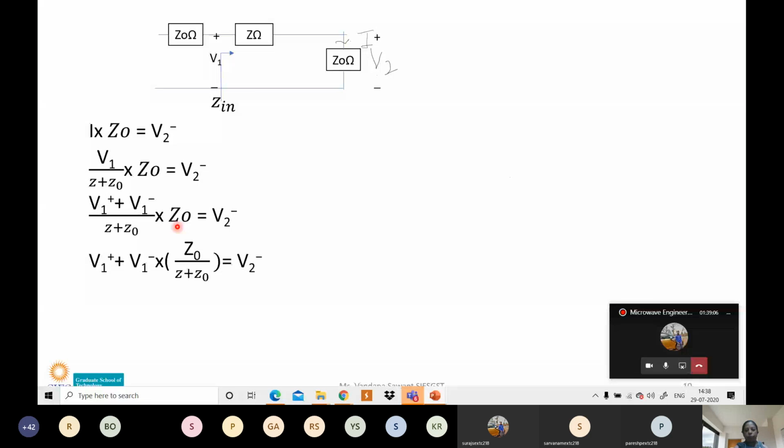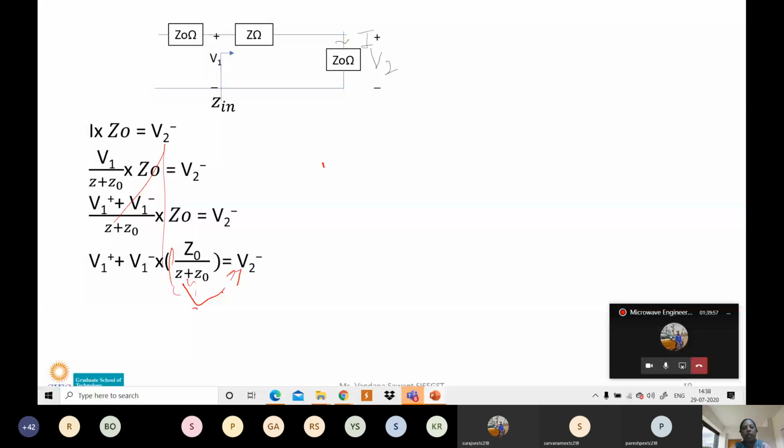Now what will we do? We will just bring this term on this side. When we bring this term to this side, Z0 upon Z plus Z0 will become Z plus Z0 divided by Z0.